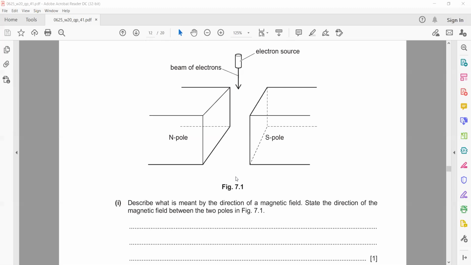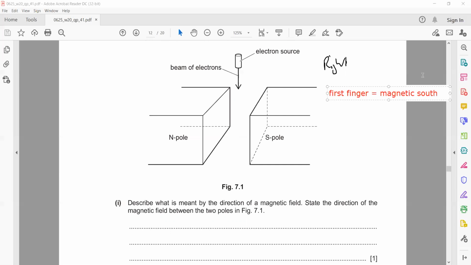And which direction will it experience the force? You will use the right hand rule for a negative particle. Your index finger, your first finger, should point towards the south pole. In this example, your index finger should point to the right hand side.